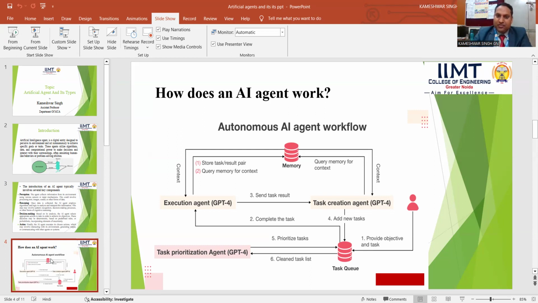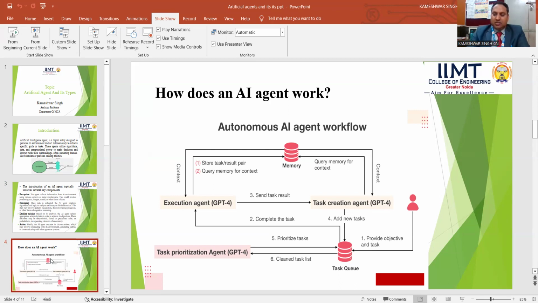Here first are the users, who provide the objective and tasks to the task queue. A number of tasks go one by one through the task queue. After that, the task is completed and goes through the execution agent, GPT.